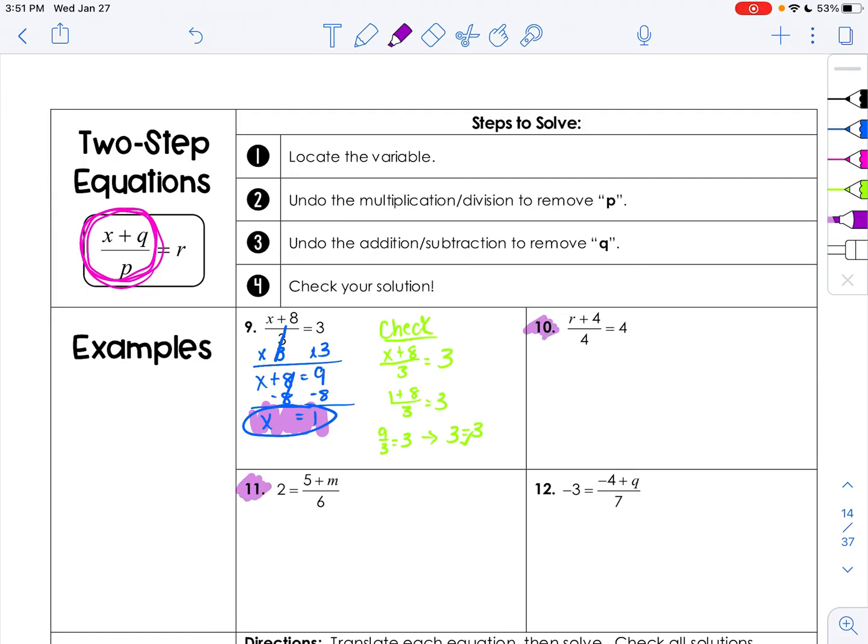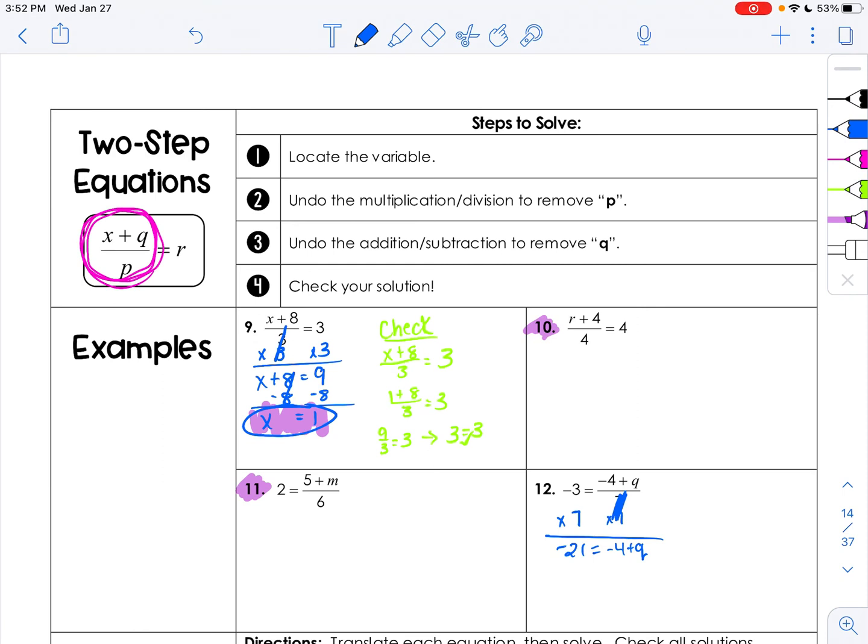So 12 is going to be the same thing as 9, except your variable is on the right side. So you do have this whole right side being divided by 7. So we have to get rid of that divided by 7 first by doing the opposite. The opposite of dividing by 7 is to multiply by 7. So negative 3 times 7 is negative 21 equals, and then remember on the right side when I multiply by 7, it eliminates everything except for that negative 4 plus q.